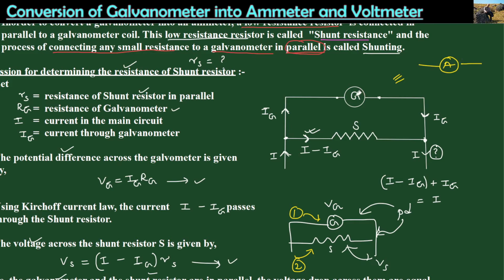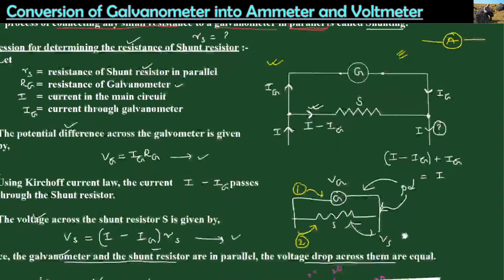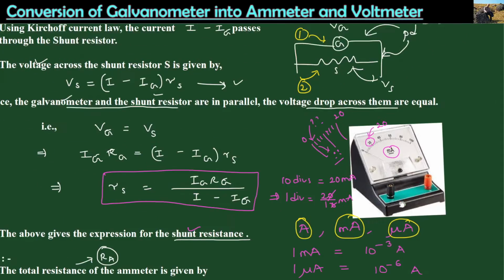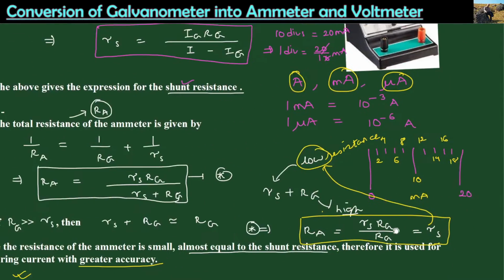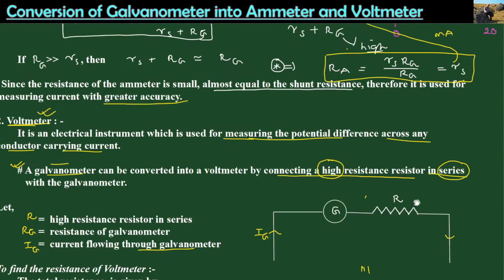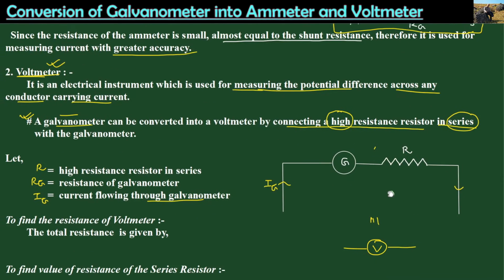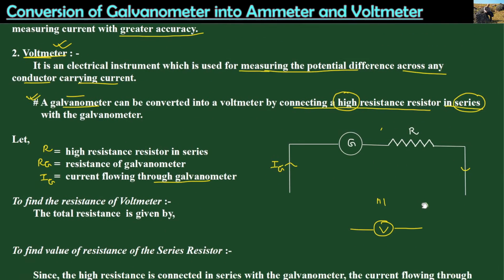So an ammeter is represented by this circuit diagram, and over here is the circuit diagram with respect to a voltmeter: a high resistance resistor connected in series.